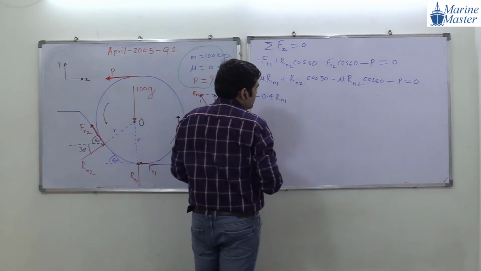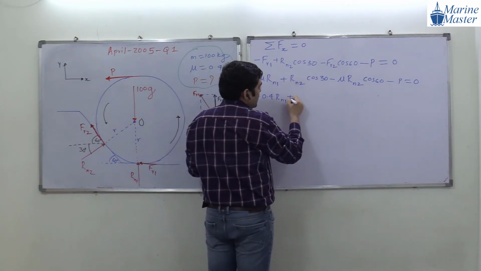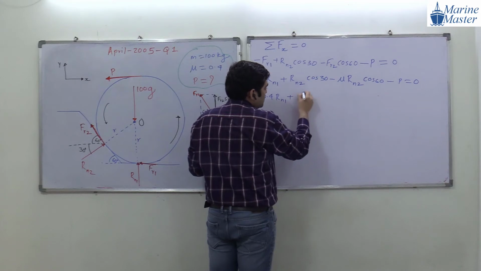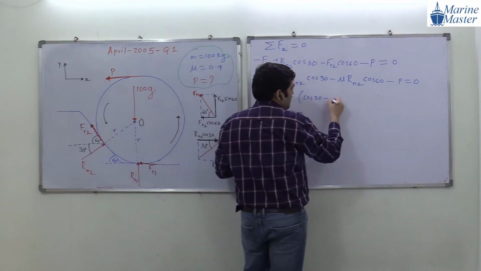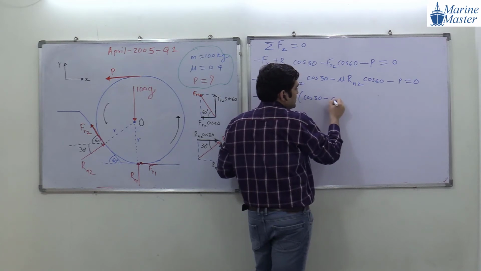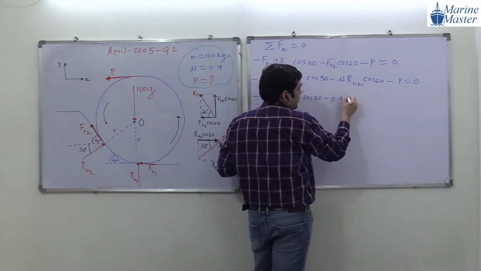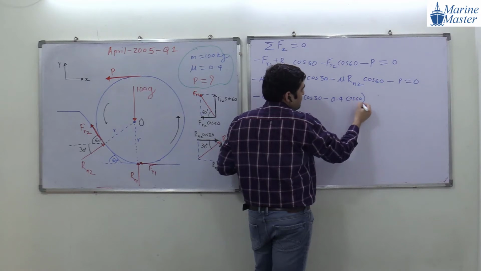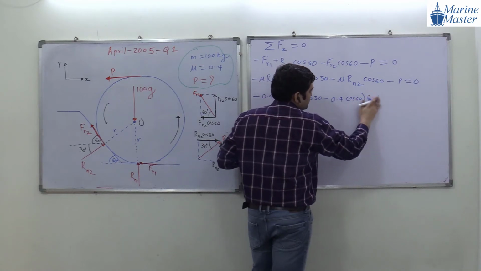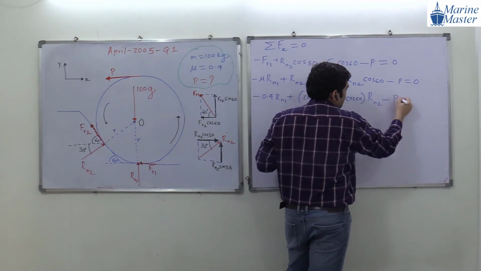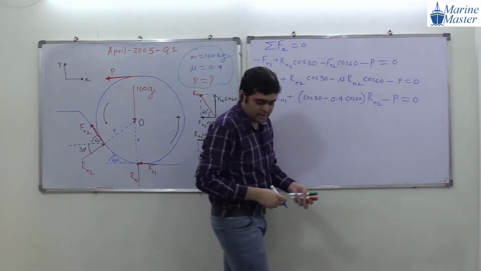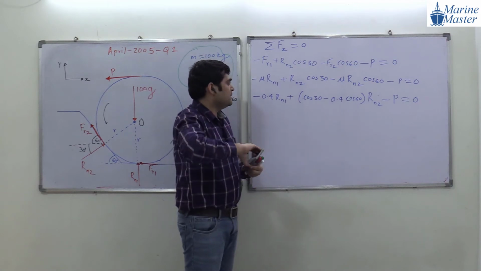Next, I am going to take out Rn2 common. In the bracket what will remain? Cos 30 minus mu, which is 0.4, into cos 60, into Rn2, minus P equal to 0.